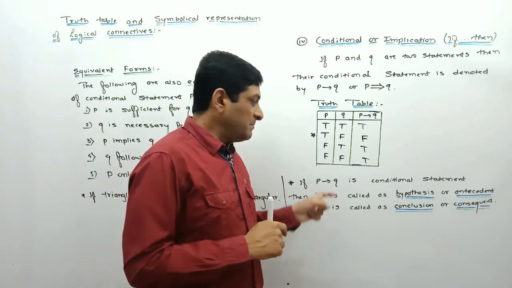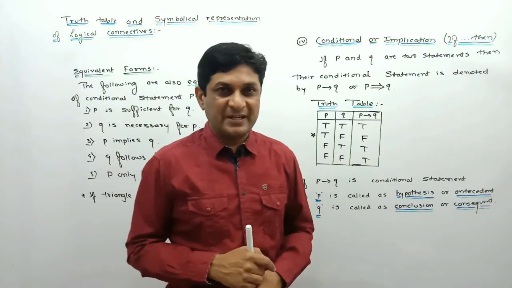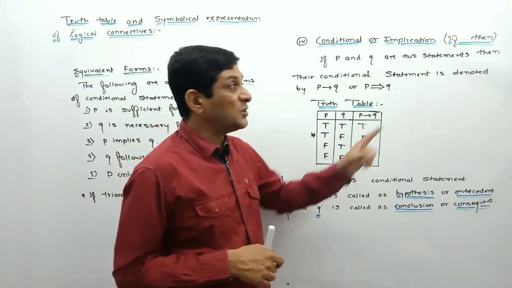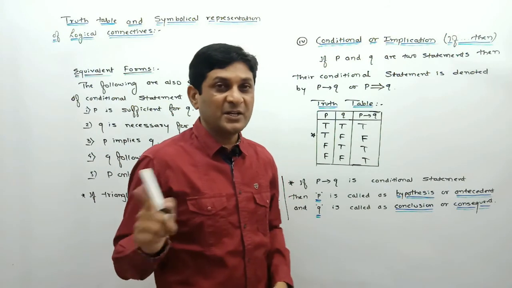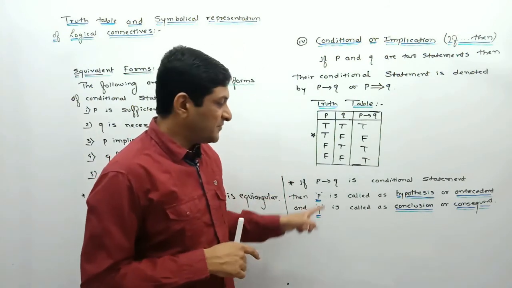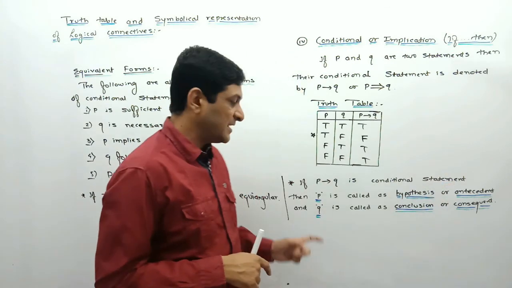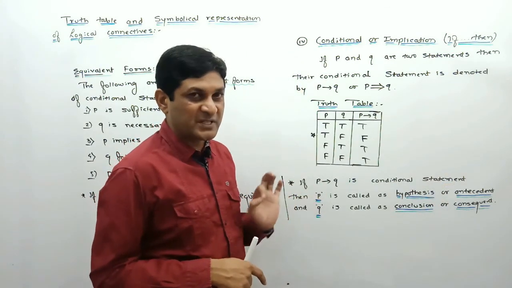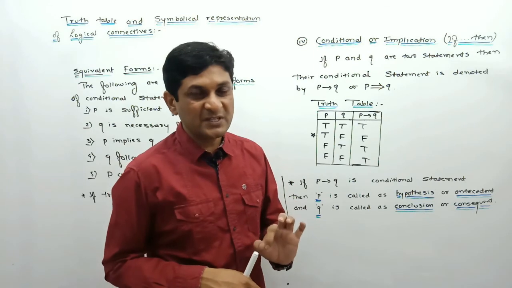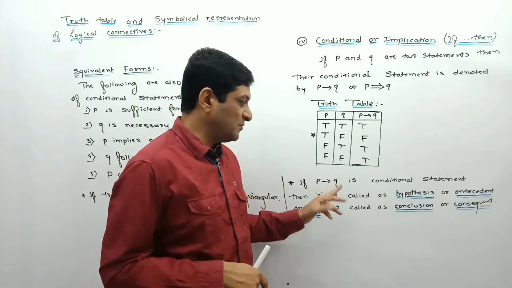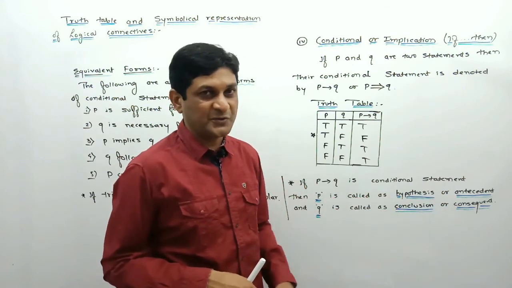Now, P implies Q is the conditional statement. Conditional statement means these two statements P and Q are connected by which logical connective? If-then. The first part P is called the hypothesis or antecedent, and the second part Q is called the conclusion or consequent.